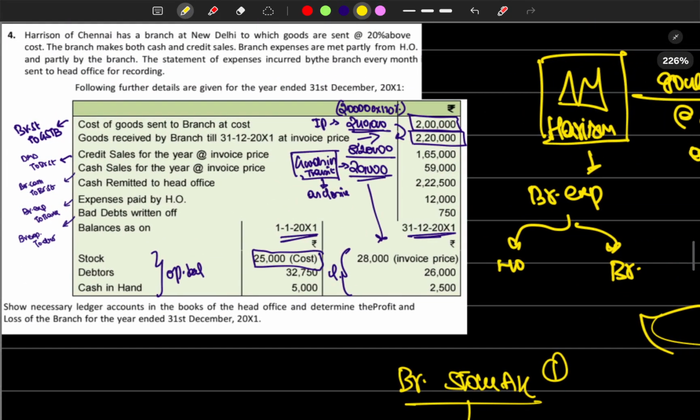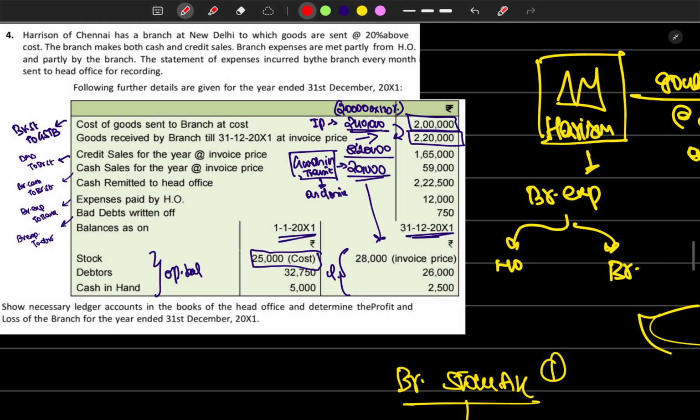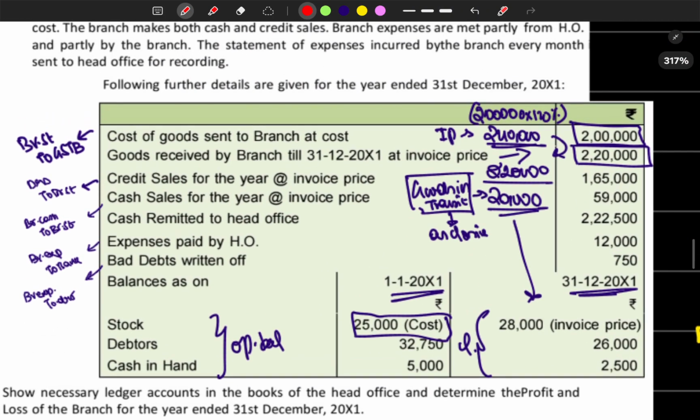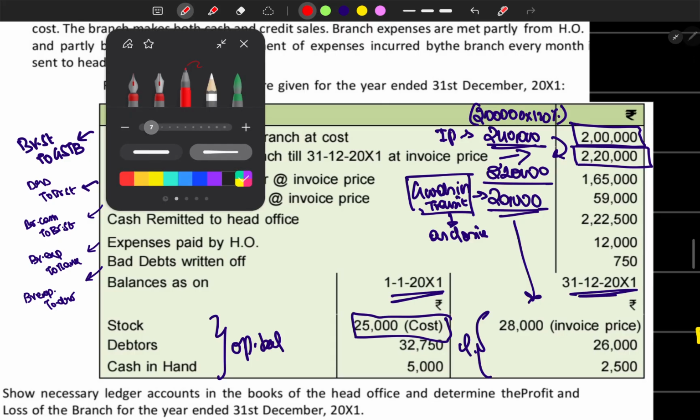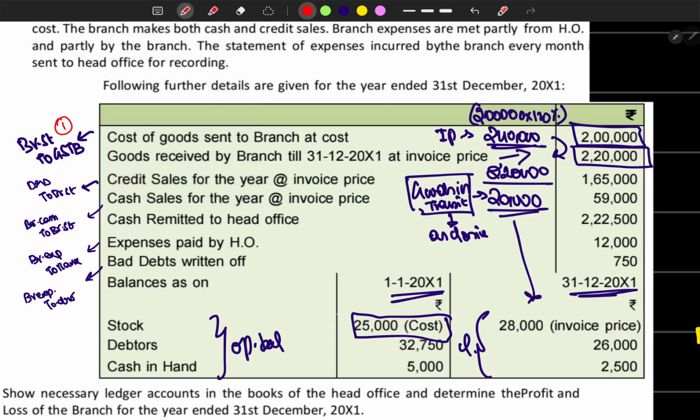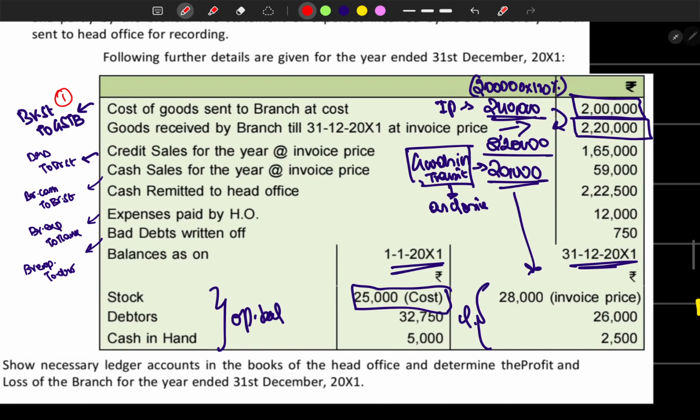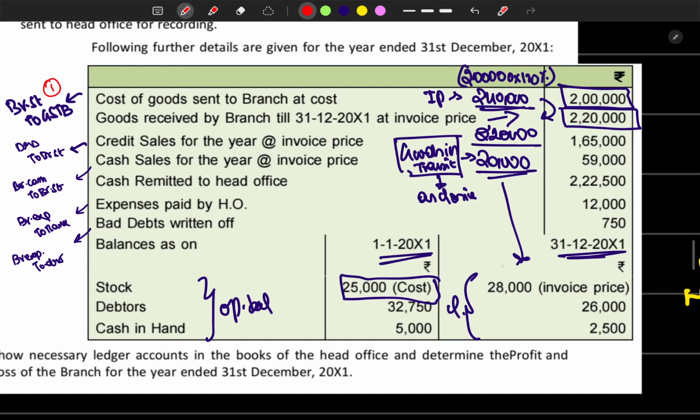Now let's quickly number the journals given in the question. So this is 1, this is also 1. We have to add with the closing stock, right?